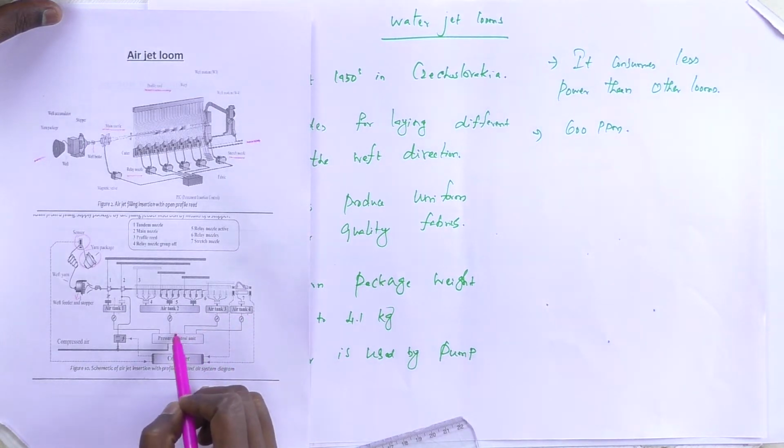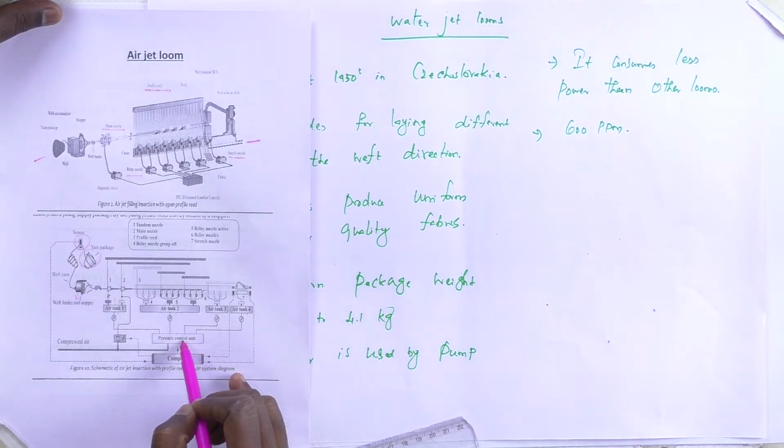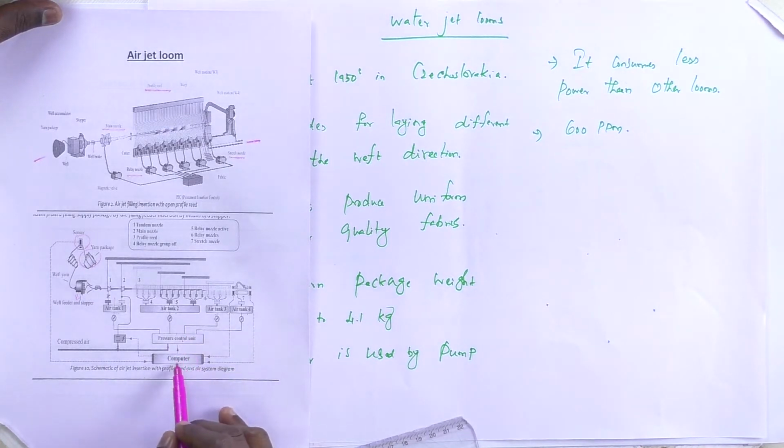There is a pressure control unit which controls the pressure of the air. There is a computer integrated system which controls the weft insertion sequence in an air jet loom. By using this computer, we can control the weft insertion rate in the air jet loom.